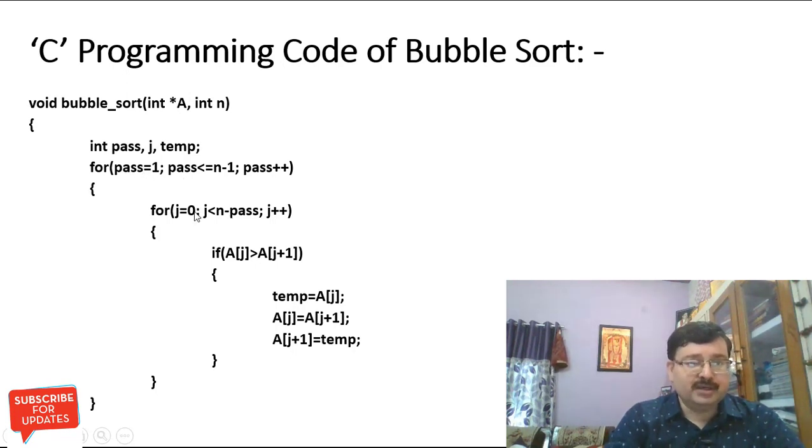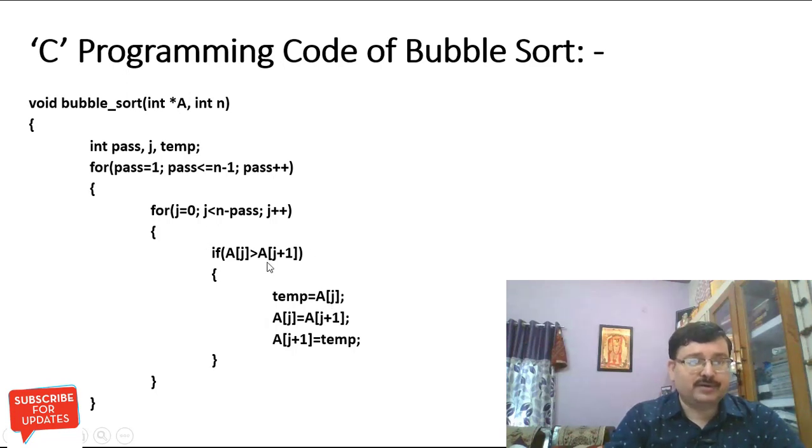The first time, it will execute from 0 to n, suppose 5, and pass is starting at 1. So 5 minus 1, that is 4. So 0 to 4, so 0, 1, 2, 3. Clear? Then the second time, it will execute from 0 to n minus 2. So n is suppose 5, so 0, 1, 2, 3. Clear? So this is a very simple process.